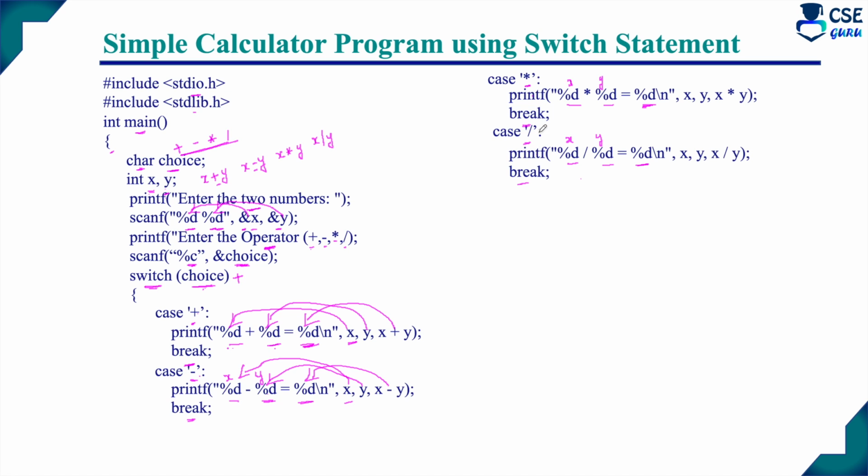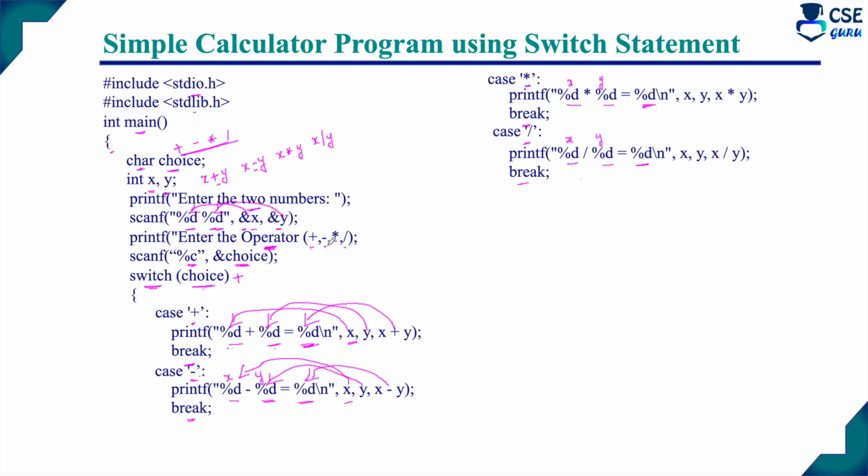All four choices you have entered here in the case statement, and the corresponding block statements you have also specified. Suppose you enter an operator different from addition, subtraction, multiplication, and division, any other special operator, for example modulus.